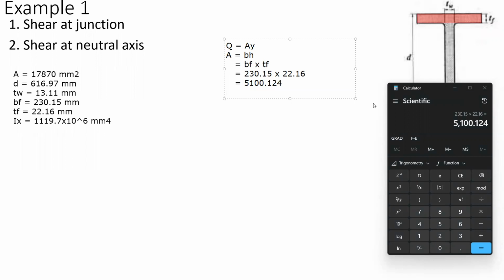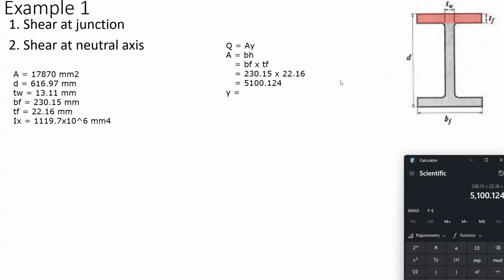Okay. And if we solve for our Y, or the moment arm, we read it as how far it is from the neutral axis. So if this is your flange or your W section, the neutral axis is in the middle. So this is NA.